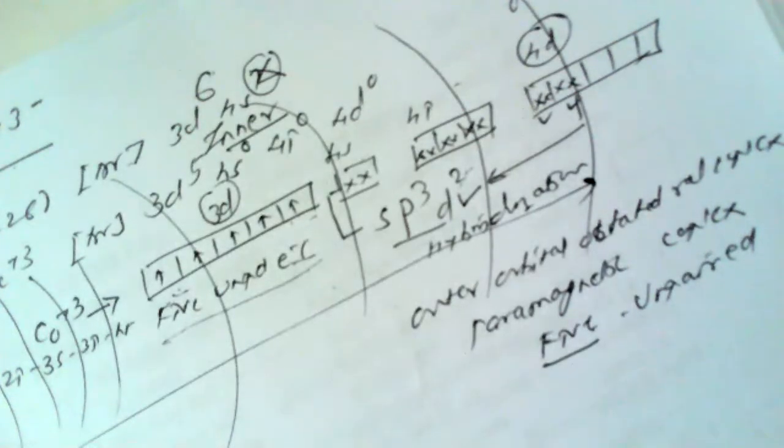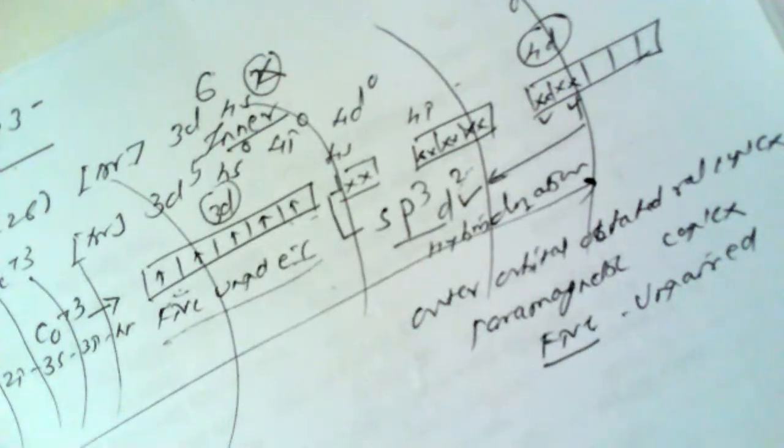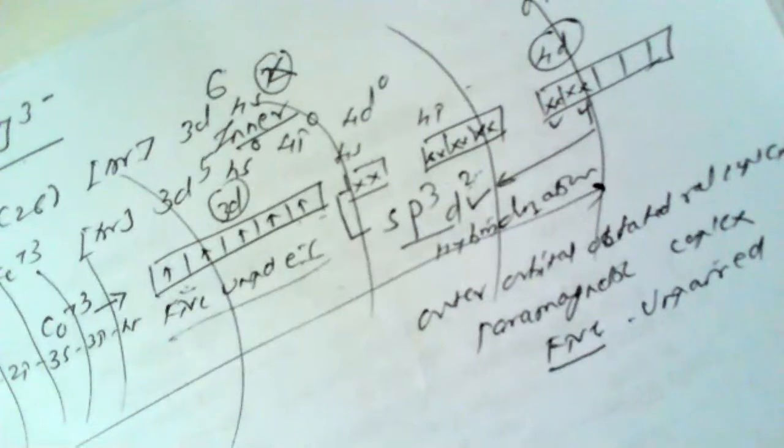If the complex is formed by the use of inner d orbitals, then the resulting complex is called, as we know, an inner orbital octahedral complex, and the metal ion is said to be d2sp3 hybridized.